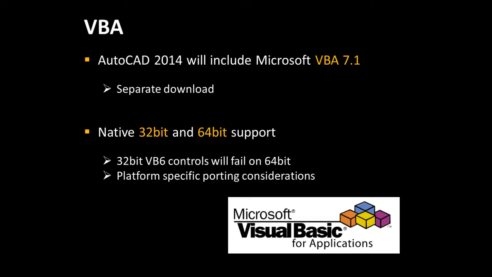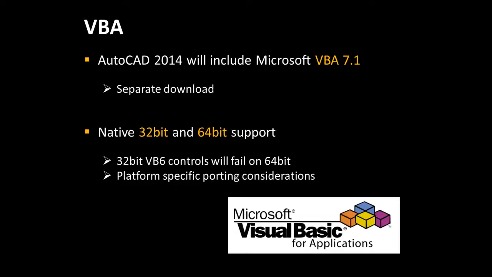Concerning VBA, AutoCAD 2014 will include Microsoft VBA 7.1. Similarly to the previous release, you will need to download the VBA enabler as a separate download. And then another good news is that this new version of VBA will support natively 64-bit applications and 32-bit as well.